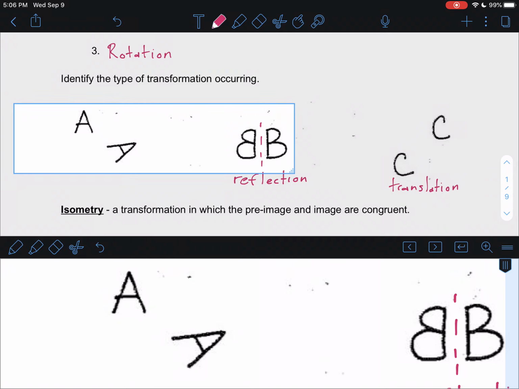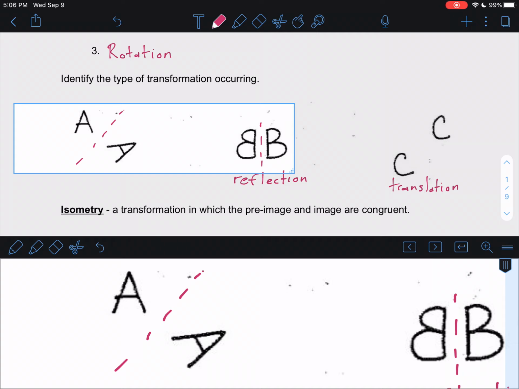So imagine that there's an invisible line, maybe not there, but there-ish. And I took that A and I reflected it across that invisible line, and now I have this new A.